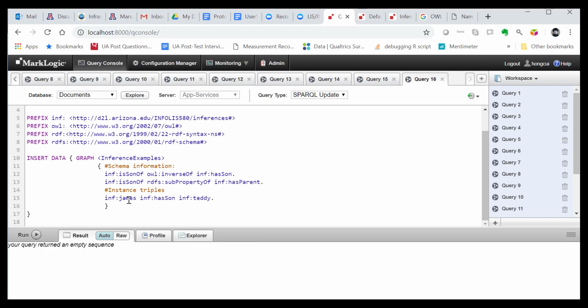has parent James. But through the reasoning, here we say has son is an inverse relationship of son of. Those two are a pair of inverses. And then we named one of them a subproperty of has parent.